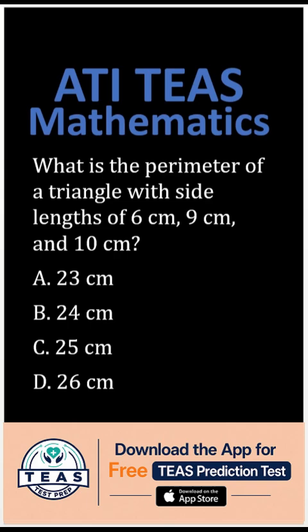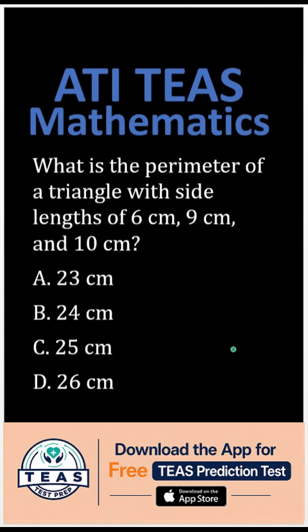Here's a quick ATI TEAS math question that many students solve in just a few seconds, if they remember one basic rule. The question asks here, what is the perimeter of a triangle with side lengths of 6 cm, 9 cm, and 10 cm?